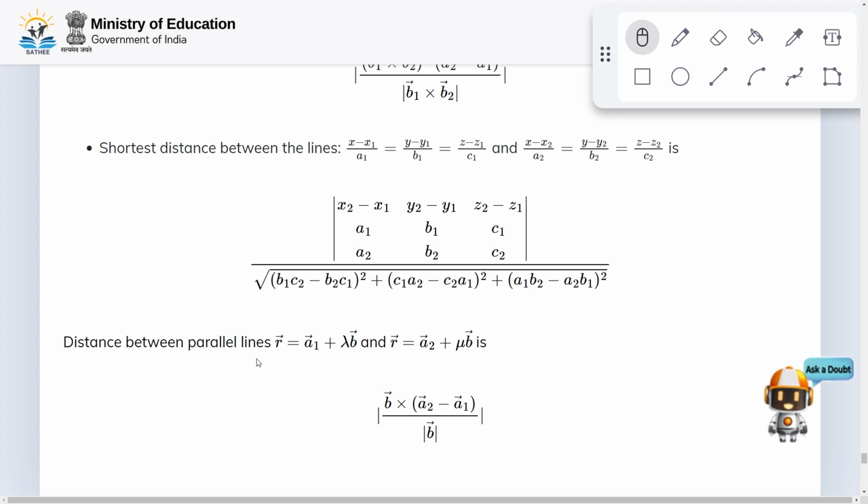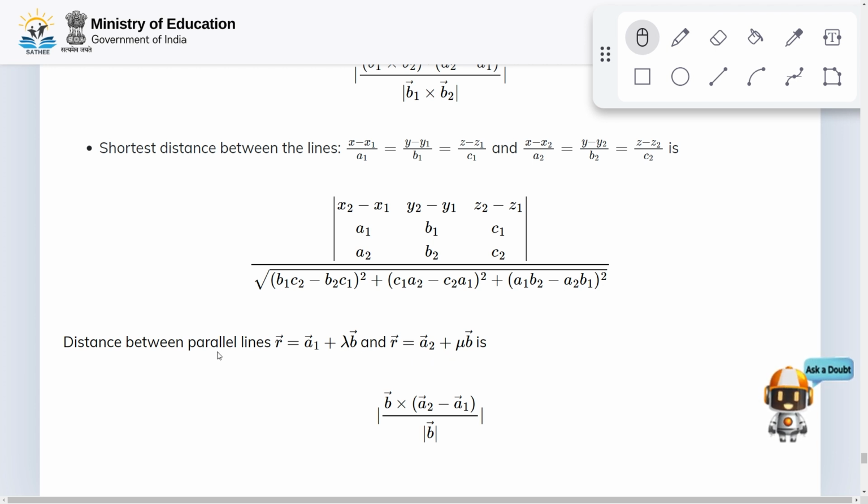Now, the distance between parallel lines. If both the lines are given in vector form, r equals a1 vector plus lambda times b, and r vector equals a2 vector plus mu times b.